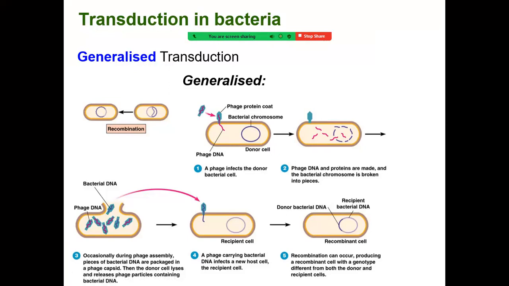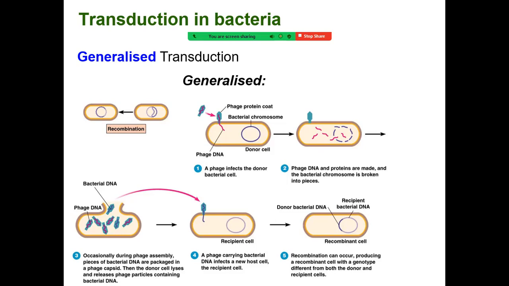And the first thing it will actually do is code for the destruction of the chromosome of the host cell. So it will secrete an enzyme. You don't need to know that, but it will break the chromosome into pieces.